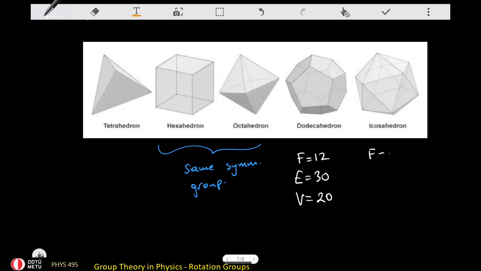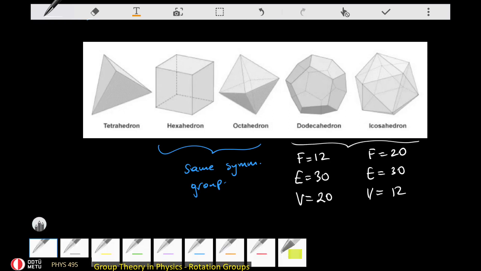The icosahedron has 20 faces. I can just write it like that quickly in here, so you can see that the number of faces of one of them is basically the number of vertices of the other one, and so on. So these two are duals of each other. So the dodecahedron and icosahedron are also dual to each other.